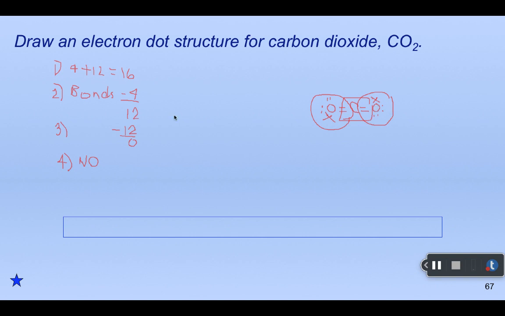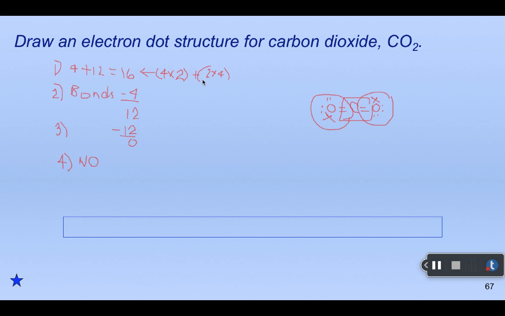And that works out to be enough electrons to add up to 16 electrons, remembering that you have 4 electrons in each double bond, so that's times 2, and that would be 8. And add to that the 4 electrons in lone pairs on each oxygen, so 2 times 4 again, and that adds up to a total of 16.